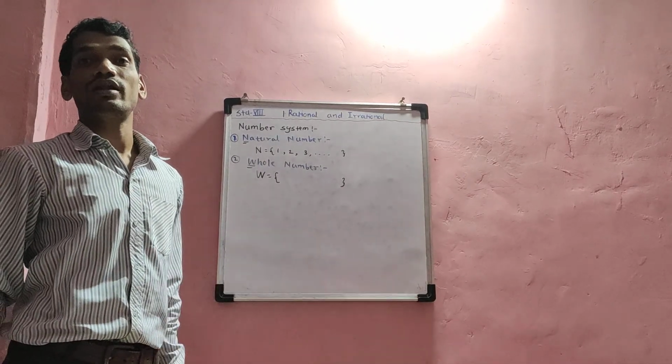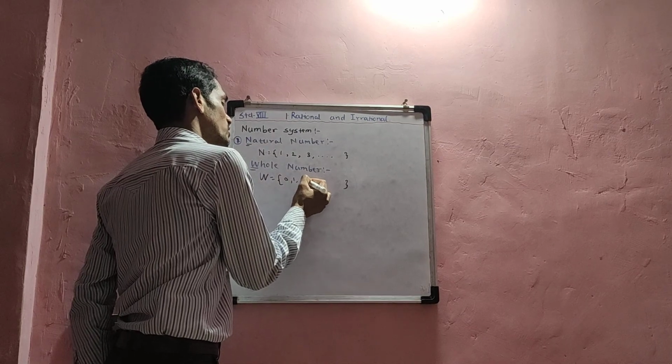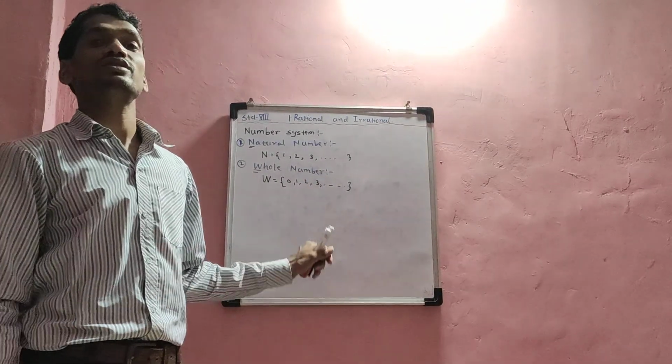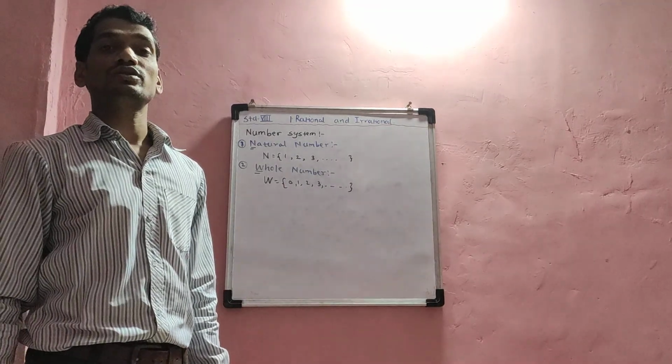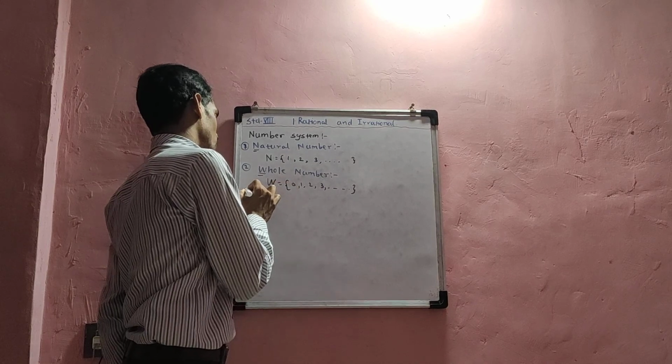W. It starts from 0, 1, 2, 3. It means we are including the natural numbers in the whole numbers. Once again, natural numbers are included in the whole numbers.